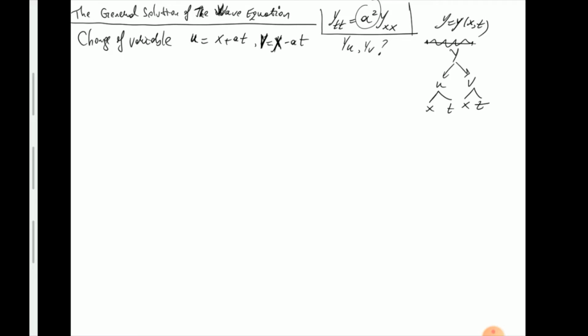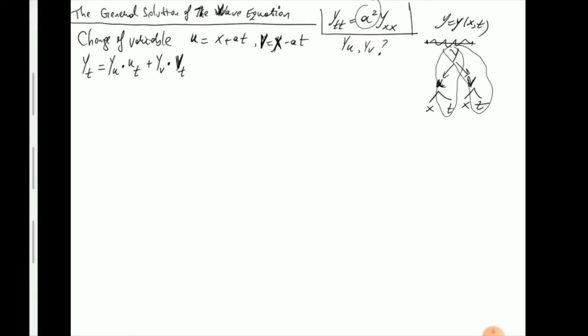And remember, from the chain rule, y partial t is going to be y partial u times u partial t plus y partial v times v partial t. So basically you go with partial t via partial u and v first. Right, so that's the chain rule for a function of two variables.